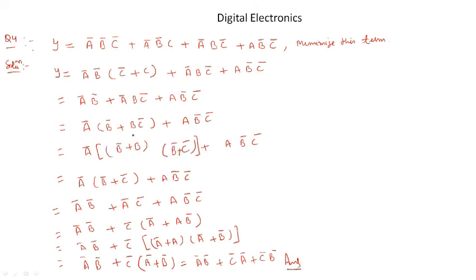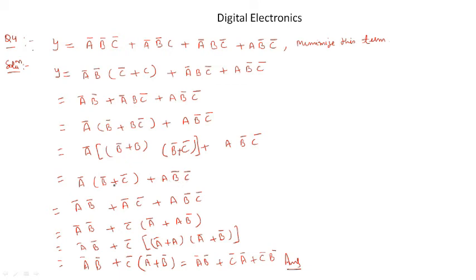Here we can use the distributive law, and it can be written as a bar (b bar plus b) dot (b bar plus c bar) plus a b bar c bar. Now b bar plus b is equal to 1, you know, so 1 into bracket b bar plus c bar will give you b bar plus c bar, so it will be a bar in bracket (b bar plus c bar) plus a b bar c bar.